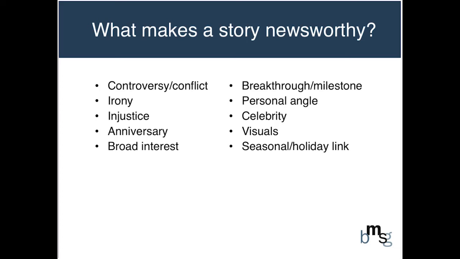And then finally, another important news hook can be a seasonal or a holiday link. Around Thanksgiving time, there are frequently stories about giving back and turkey feeds and so on and so forth. Around Valentine's Day, there might be stories that are somehow connected to the theme of love.